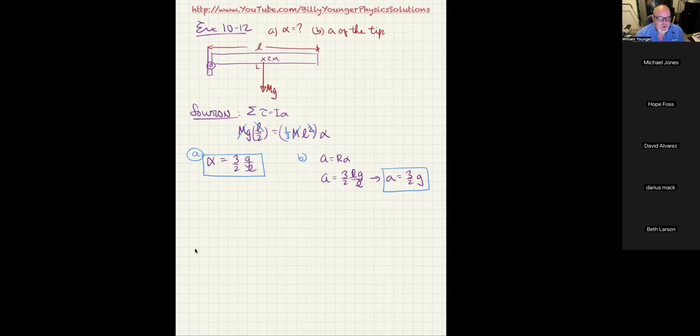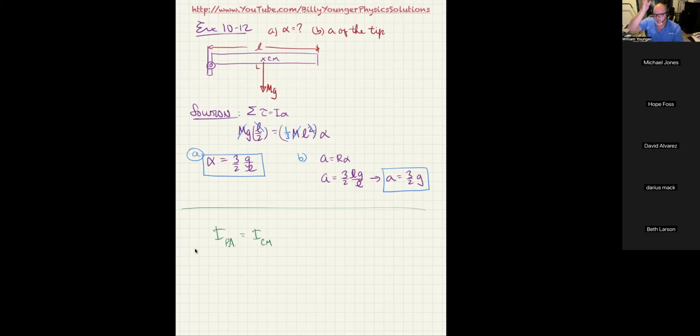Your book does talk about the parallel axis theorem. I will tell you that you can use that parallel axis theorem on the rod, the broomstick that I worked. The moment of inertia about a parallel axis, I_PA, is equal to I, the moment of inertia about the center of mass.